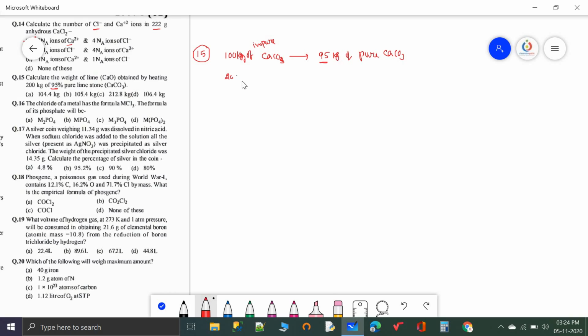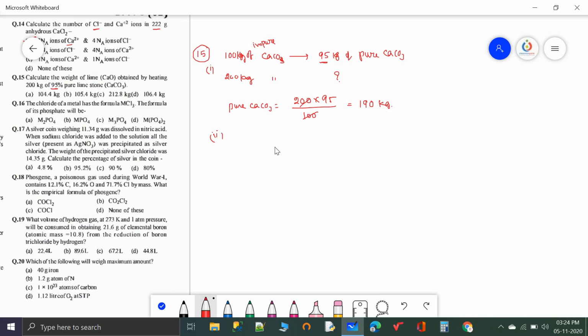Now let us consider it is 200 kg. Then 200 kg of impure CaCO3 will have how much mass of the pure CaCO3? So pure CaCO3 is equal to 200 into 95 divided by 100. So it is equal to 190 kg. This is the first step.